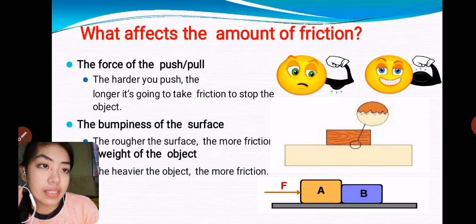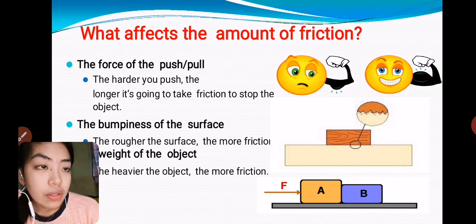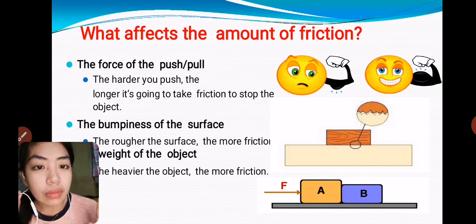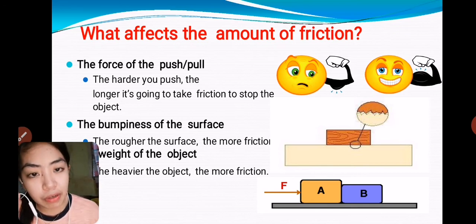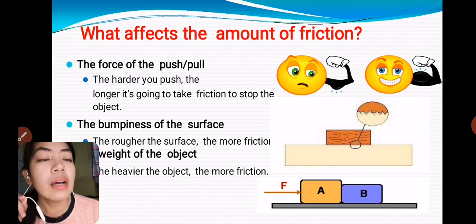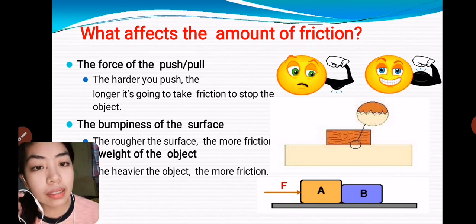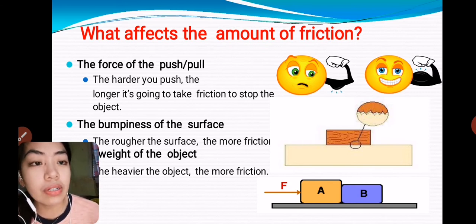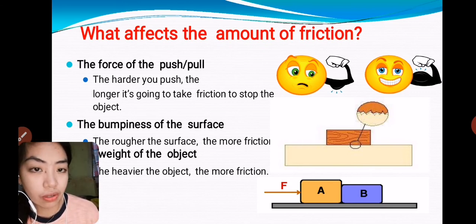Next, what affects the amount of friction? So, first one is the force of push or pull. Mas malakas na force, mas madaming force yung ibigay mo, mas mahirap patigilin yung isang object. The next one is the bumpiness of the surface. Mas lubak, mas mataas yung friction.